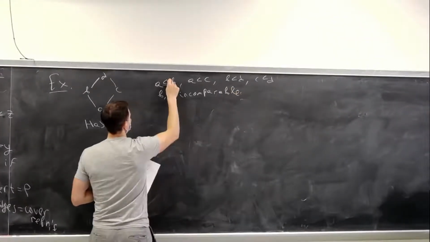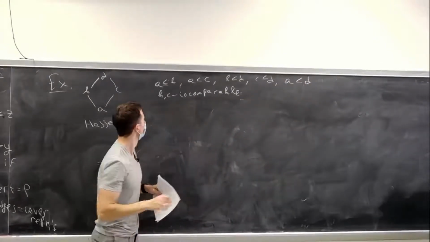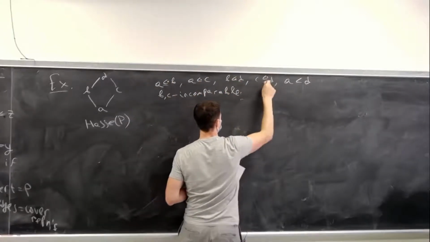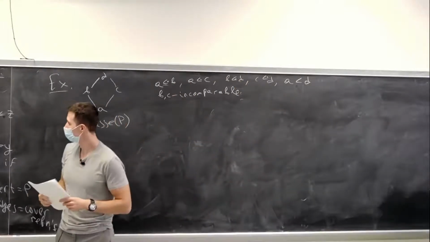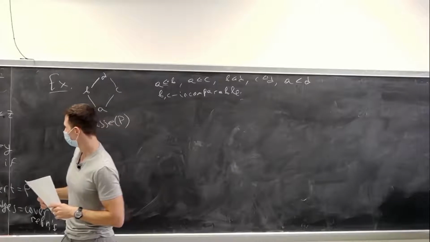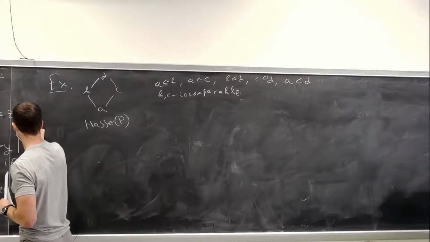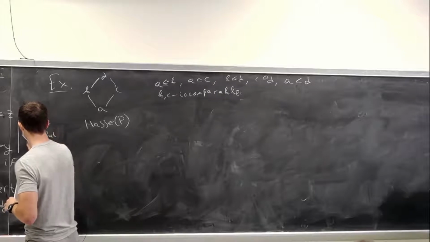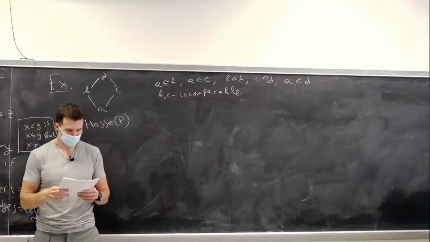We also have A less than D by transitivity. A less than B, A less than C, B less than D, C less than D are all covering relations, but A less than D is not a covering relation. I should also define less than: by definition, x less than y if x is less than or equal to y, but x is not equal to y.